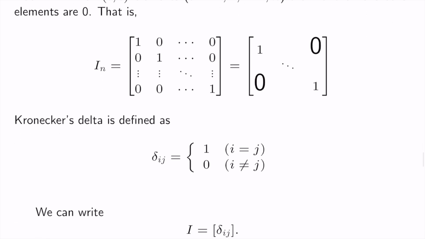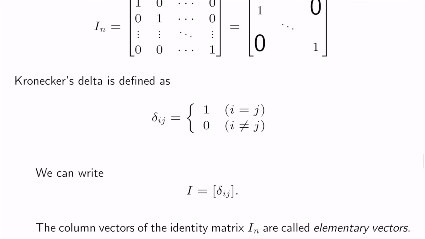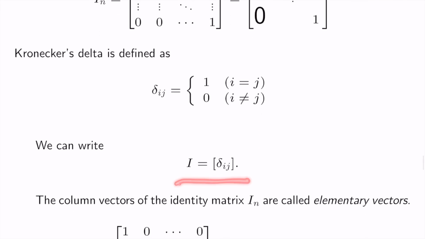And if we define a symbol called Kronecker's delta, so delta_ij is equal to 1 if i is equal to j, and delta_ij is equal to 0 if i is not equal to j, then we can write the identity matrix as this. So its elements are Kronecker's delta.